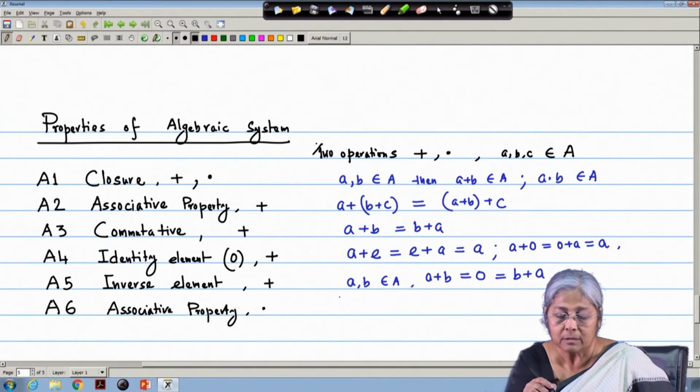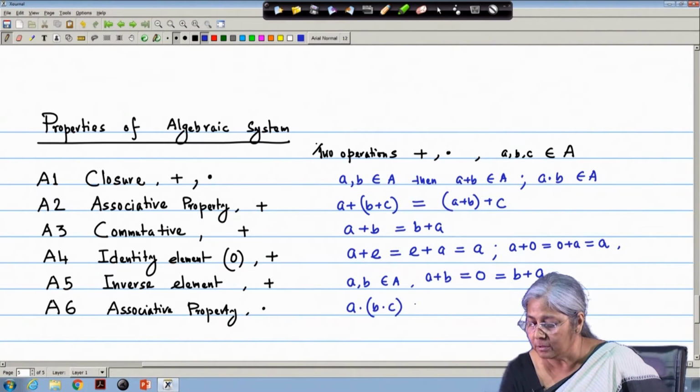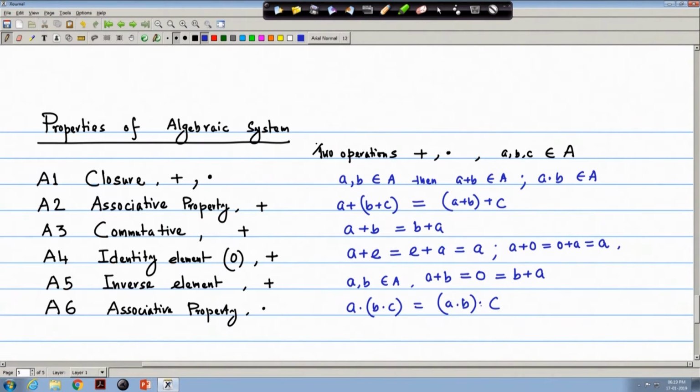Similarly, I can write for multiplication that A dot (B dot C) is (A dot B) dot C. Then A7 is the commutative property with respect to multiplication, and we can write A dot B equal to B dot A.